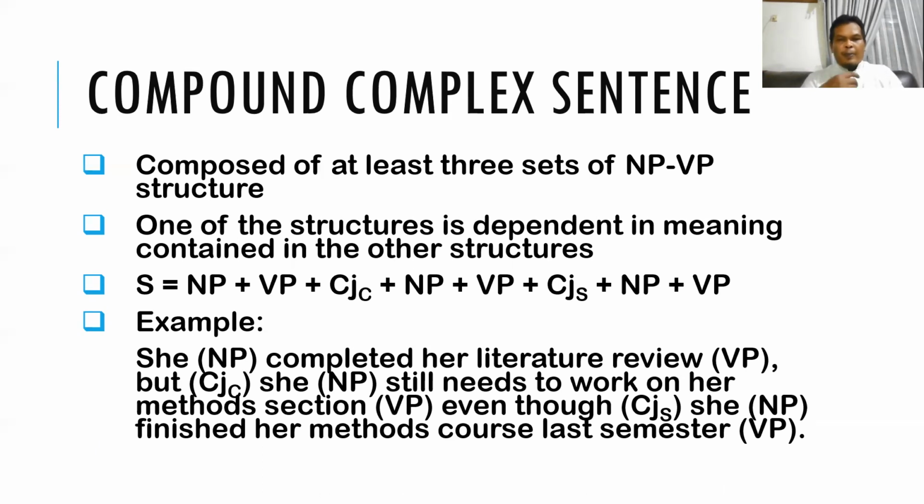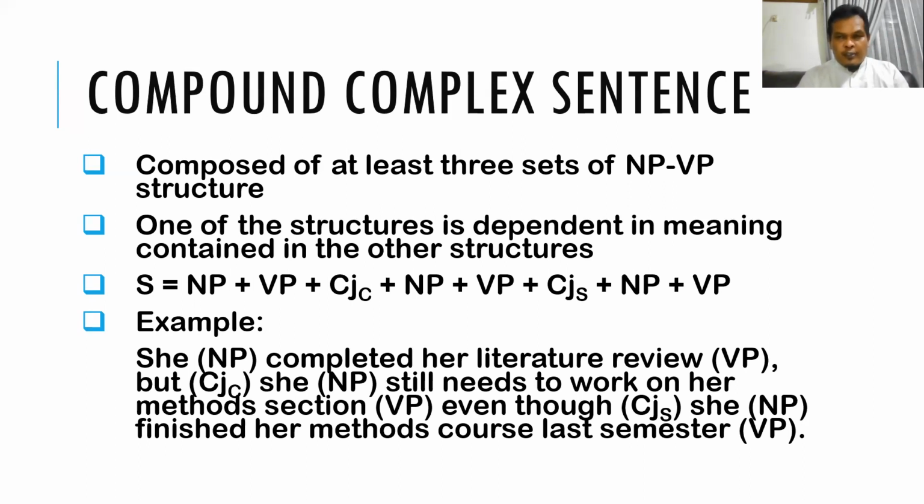Okay, the next one. We also have here 3 sets of verb phrase. What are they? The first one, completed her literature review, and then we have still needs to work on her method section. And then you also have finished her methods course last semester. So you can see that we have here 3 sets of NP-VP structures.